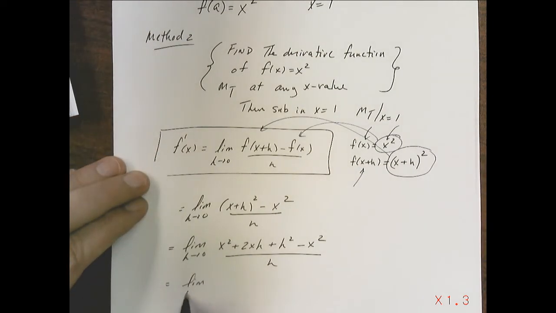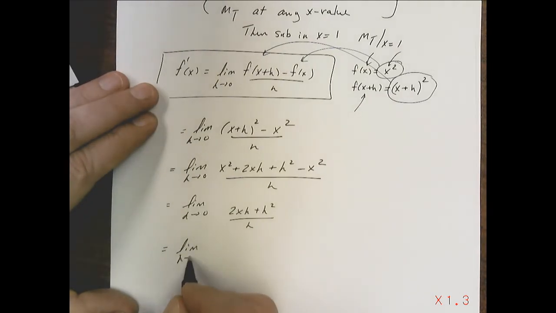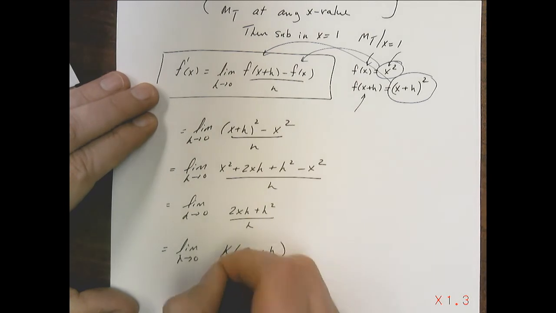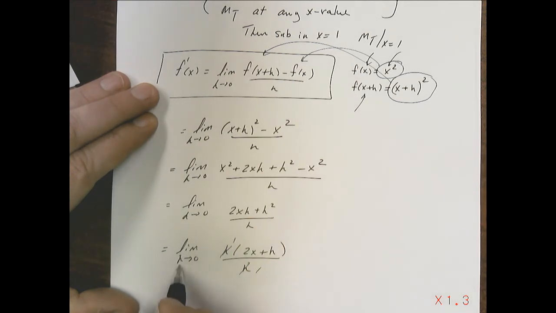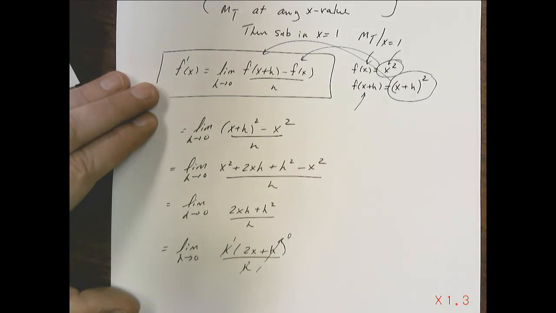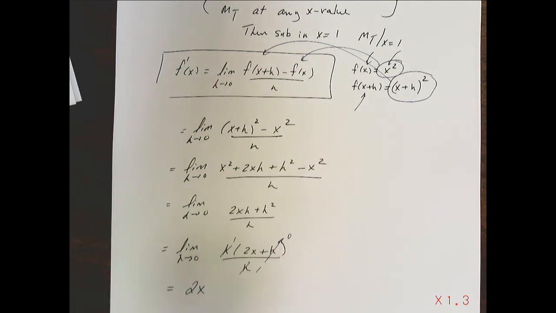Limit as h approaches 0 of 2xh plus h squared over h. Limit, you can't see what I'm doing, sorry, h approaches 0 of h times 2x plus h over h. This and this will reduce as h approaches 0, that goes to 0, and we come up with a function 2x.